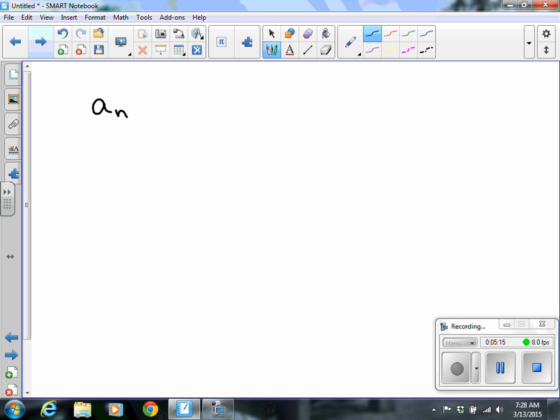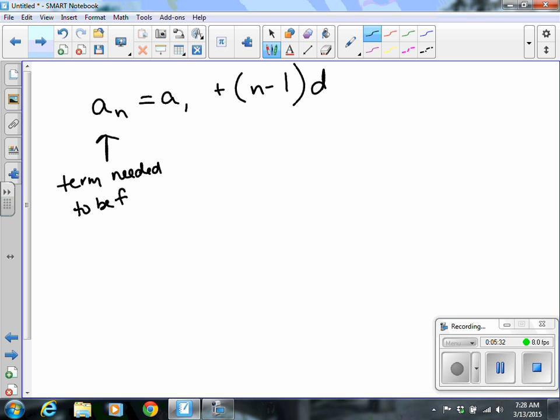So we have a_n equals a_1 plus (n minus 1) times d. a_n represents the term that needs to be found, and when I say term needed to be found, this is the actual number. a_1 is our first term number. n, we already talked about, is the term needed to be found. d is the common difference.